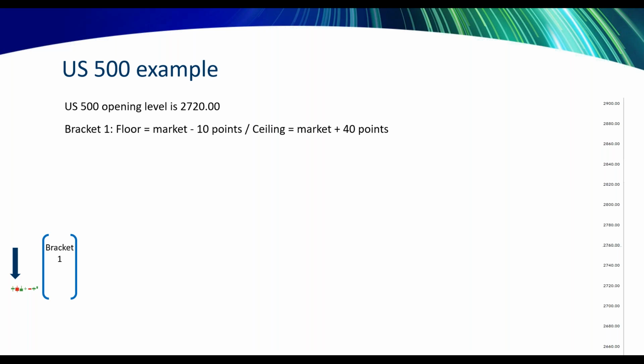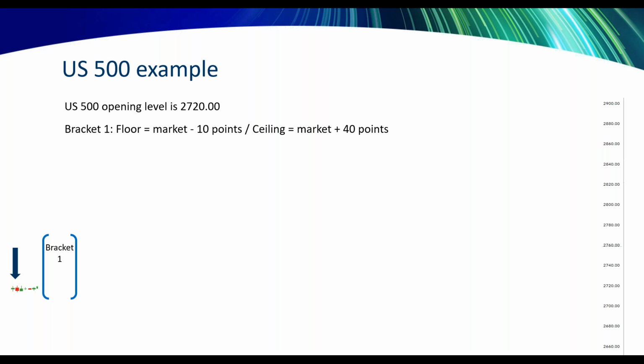Now, let me give you a little example in the US 500, which is the S&P 500. In this example, we just picked the level 2720, which is where it opens. In our S&P 500, the US 500, all of these have a 50-point range, which means these contracts are each worth $500.